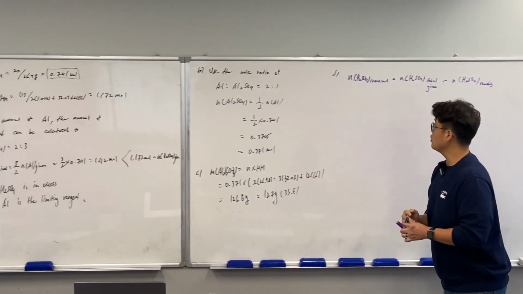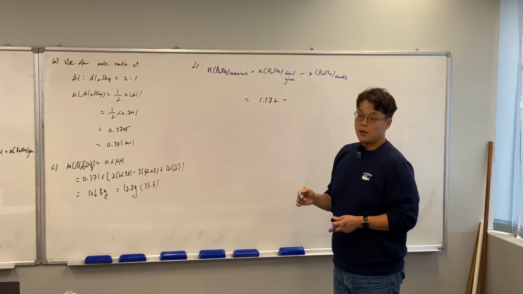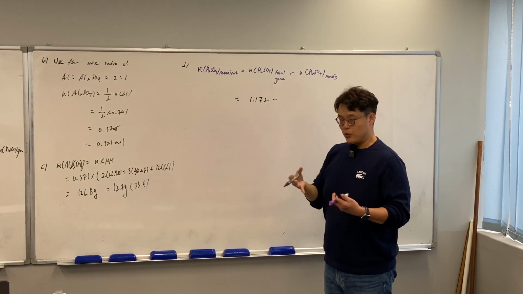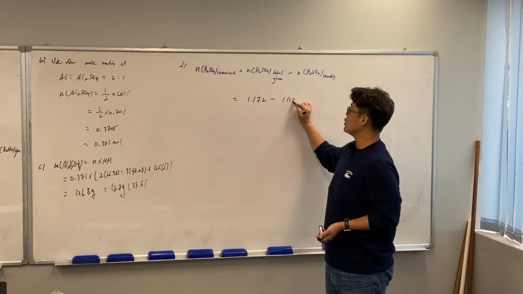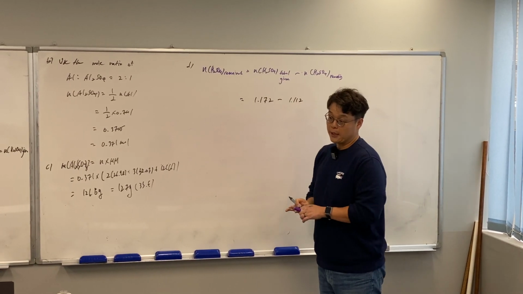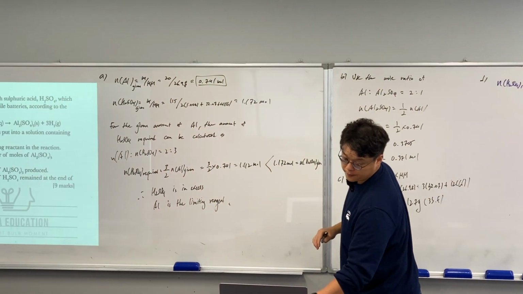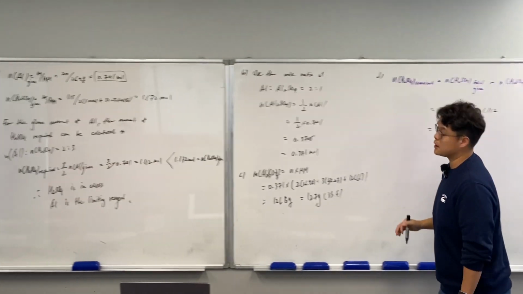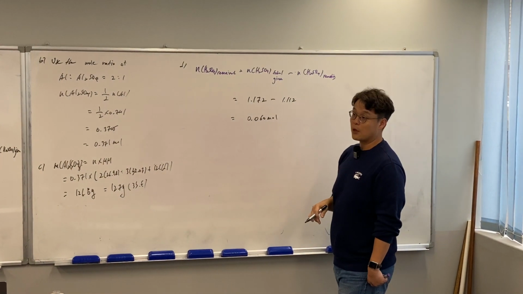Make sense? Okay, so what we know is total given is 1.172. By using the aluminium, as we understand that's the limiting reagent, we've got to use the 1.112 in total mole of that. So minus these two, you get 0.060 mole of the H2SO4 remained.